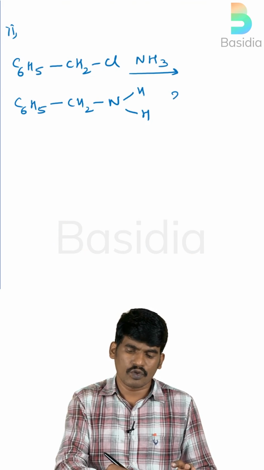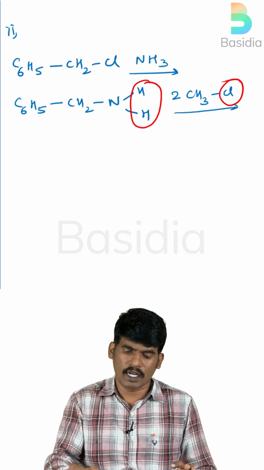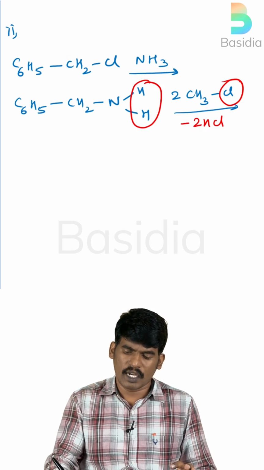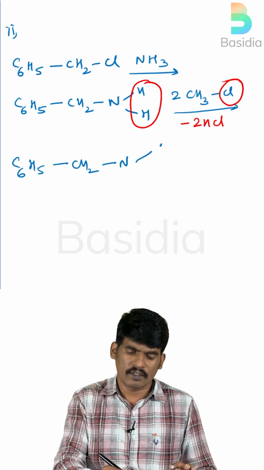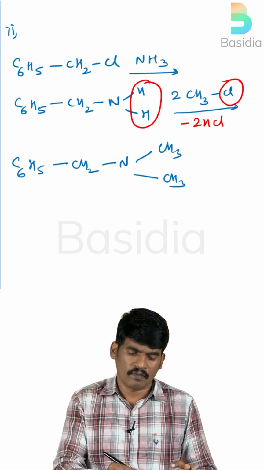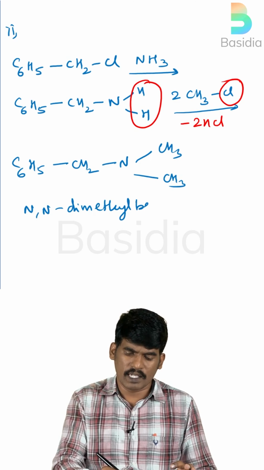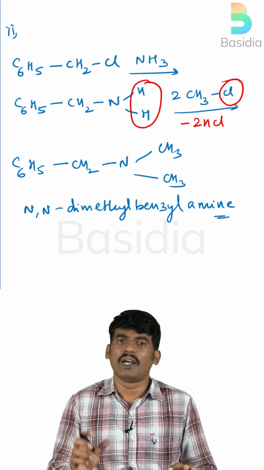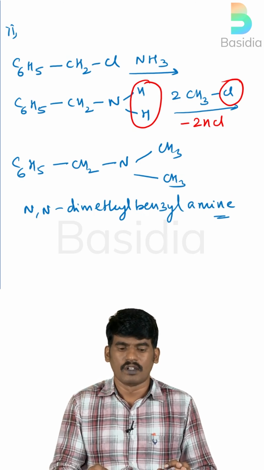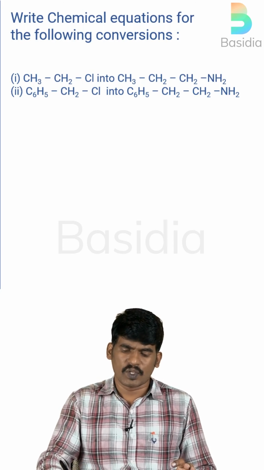So take 2 moles of CH3Cl, and these 2 hydrogens and 2 chlorines are removed as 2HCl, and we get a product, C6H5CH2N(CH3)CH3. It is N,N-dimethylbenzylamine. This is the product that can be formed, a tertiary amine you can say. Hope you understand that. Next question.